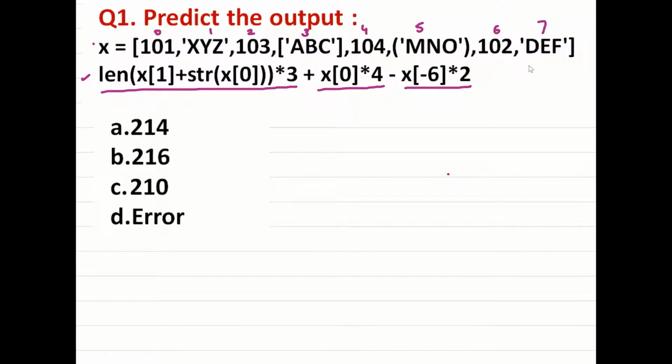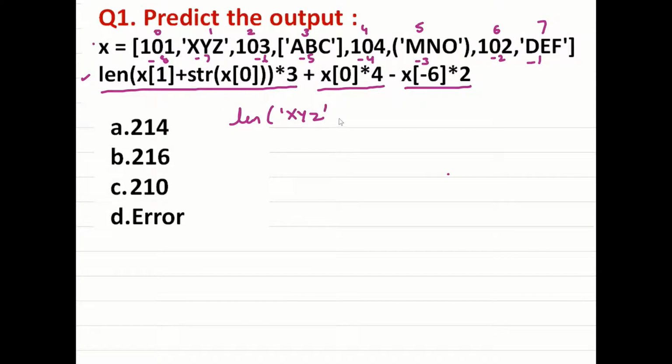And if we talk about the negative index numbers, so this will be the negative index number. Okay, now first part is length of x of 1.